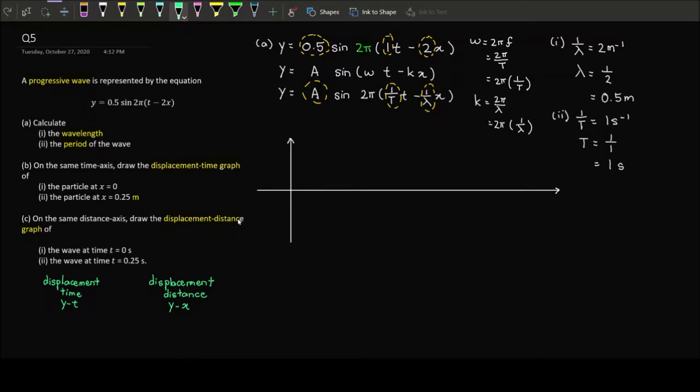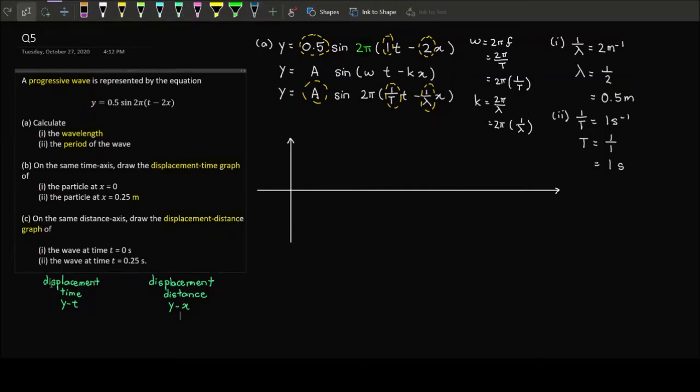So you cannot press play and let the wave move as time passes. Because it cannot move, you cannot represent the whole wave in a single graph. You need to split it into two graphs. So these two graphs are a portion of the representation of the wave. Why do I say so? Let's look at it one by one.